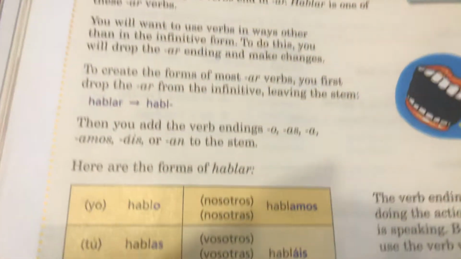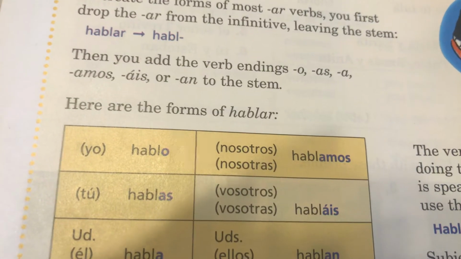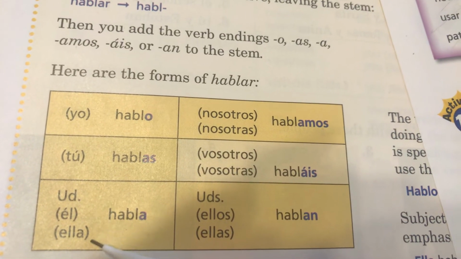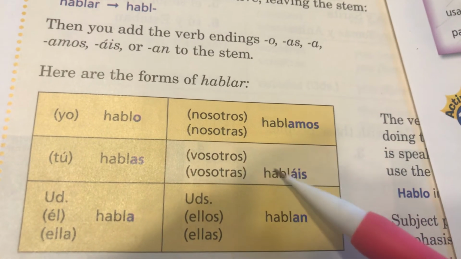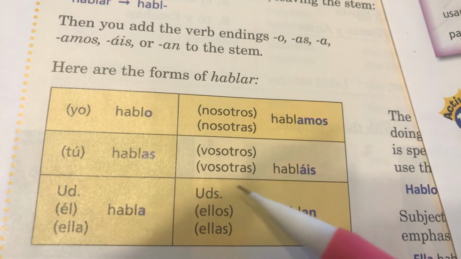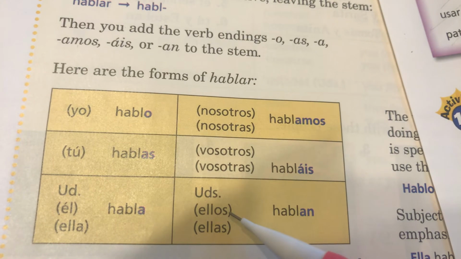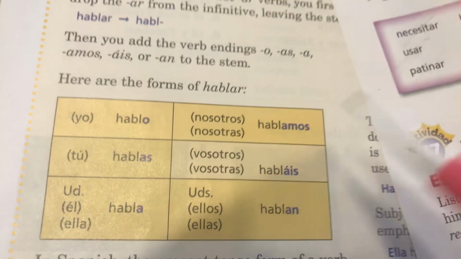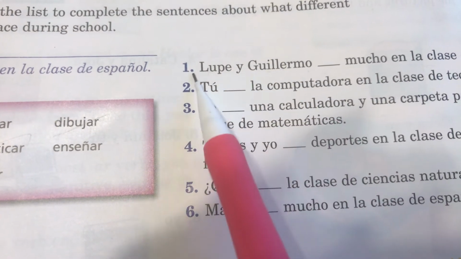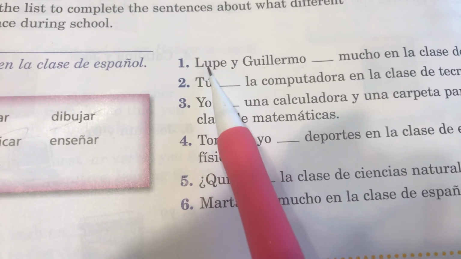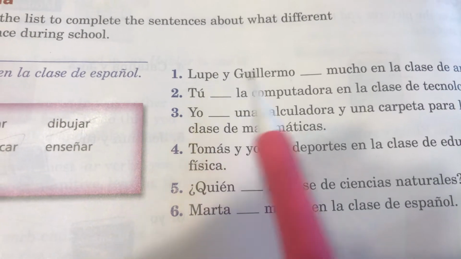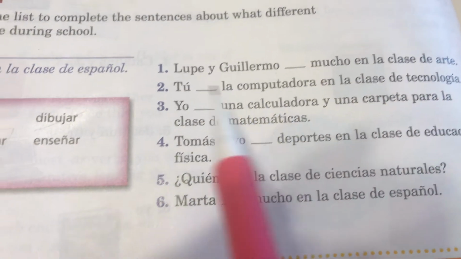So would that be I? Would that be you? You formal, he, she. Would that be we? Would that be you, plural? Or would that be they? They're talking about they. If we were to replace Lupe y Guillermo with a pronoun, it would be they blank a lot in art class.